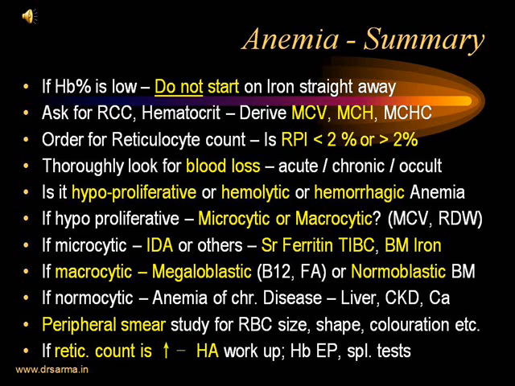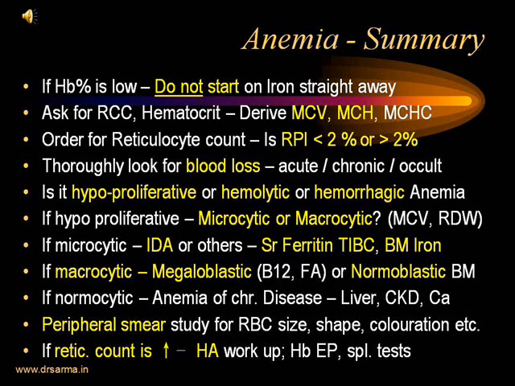After obtaining the above information, the question is, are we dealing with hypoproliferative anemia, hemolytic anemia or hemorrhagic anemia? Once we classify our patient into one of these categories, hypoproliferative anemia is our bread and butter; we can treat that person. In hemorrhagic anemia, the underlying cause of hemorrhage has to be removed. Hemolytic anemia needs a higher workup by a hematologist.